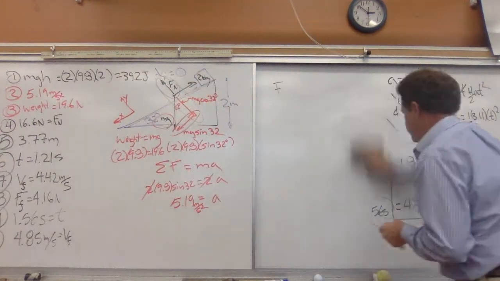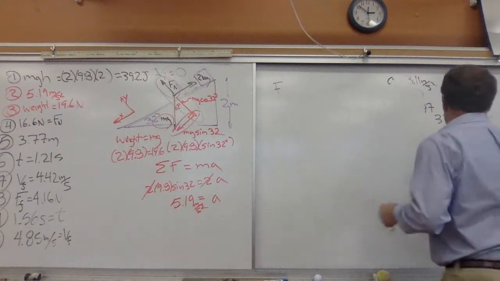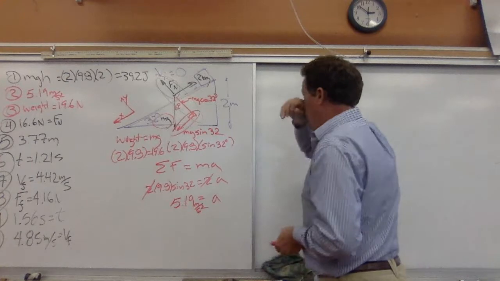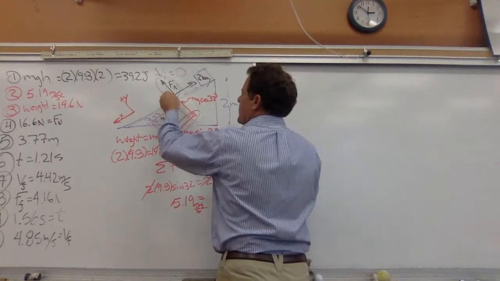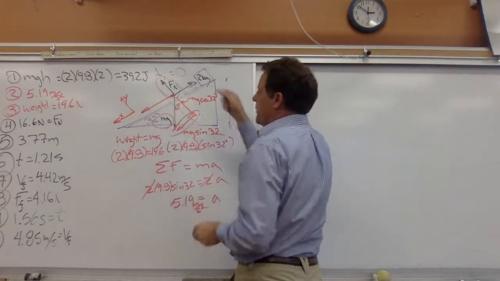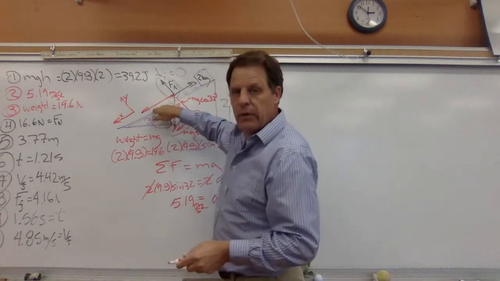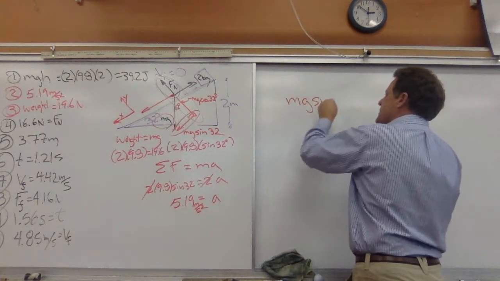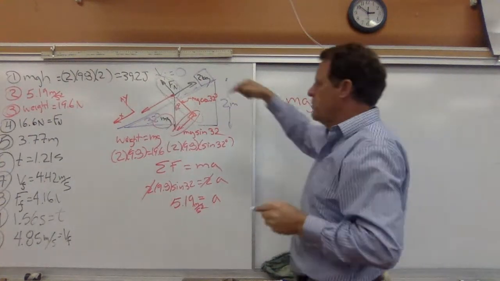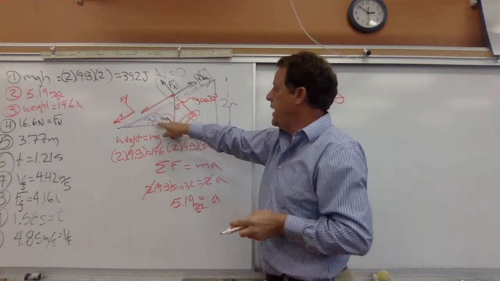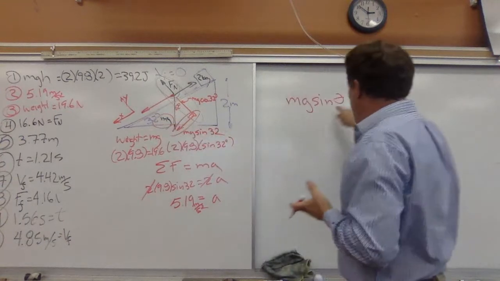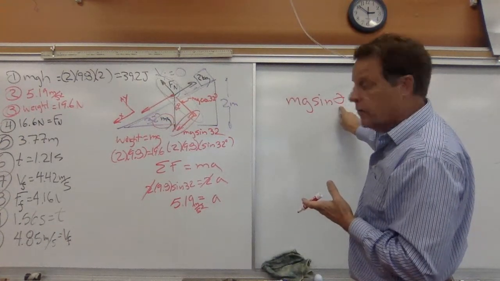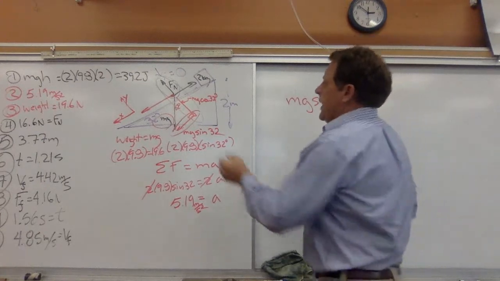So when we look at this, the force down the ramp is going to be mg sine theta. Now remember, we don't know what that angle is, so this is essentially going to be an unknown for right now.